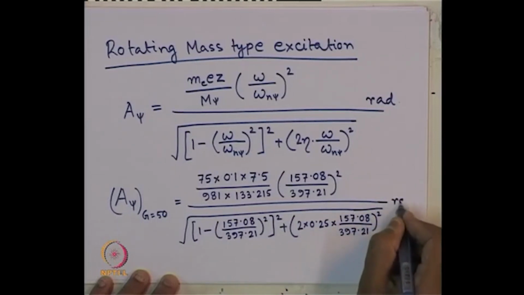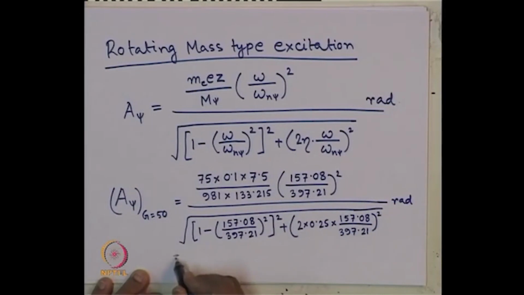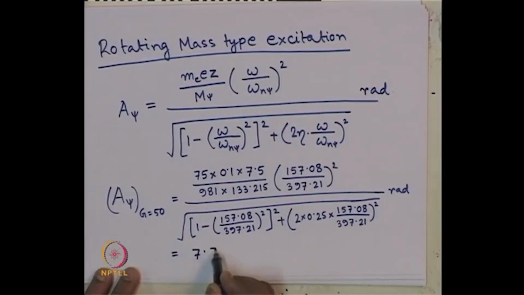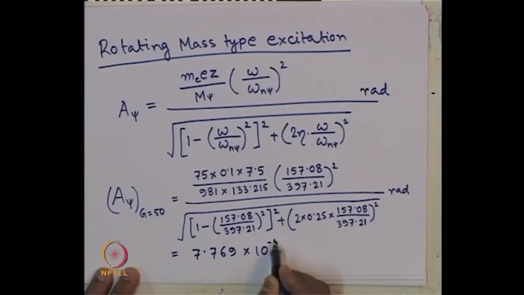So much of radian. Now, let us calculate this, how much it is coming. It is coming 7.769 into 10 to the power minus 5 radian.